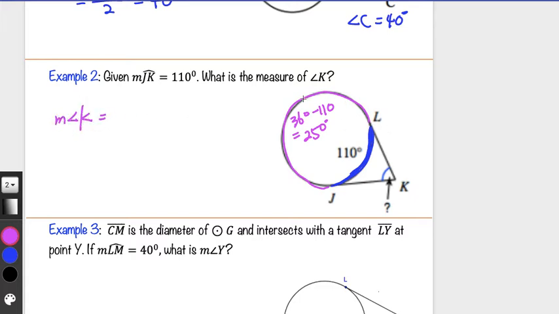We use the bigger arc, subtract the smaller piece, divided by 2. Again, always find the difference first, then divide the difference by 2. That's the most important thing, do not forget. So this angle K here is actually 70 degrees.